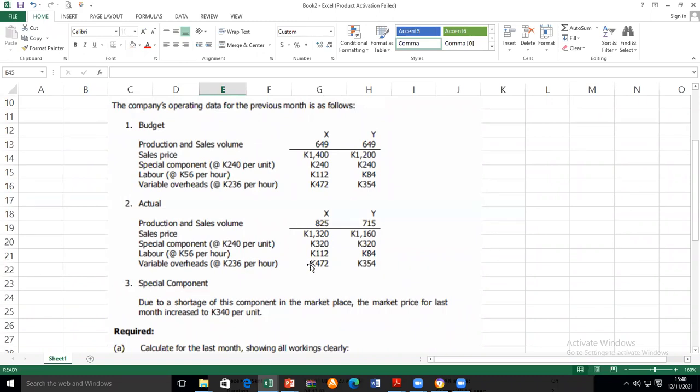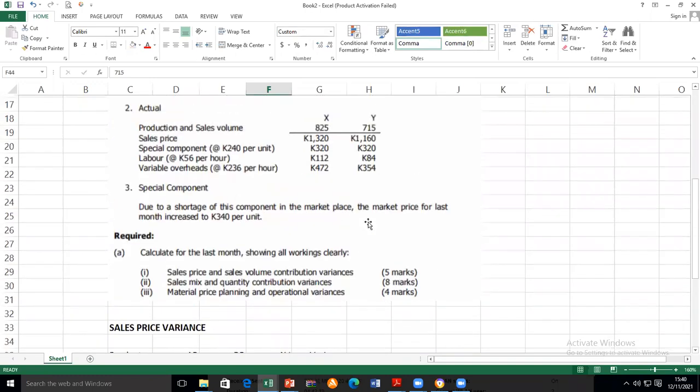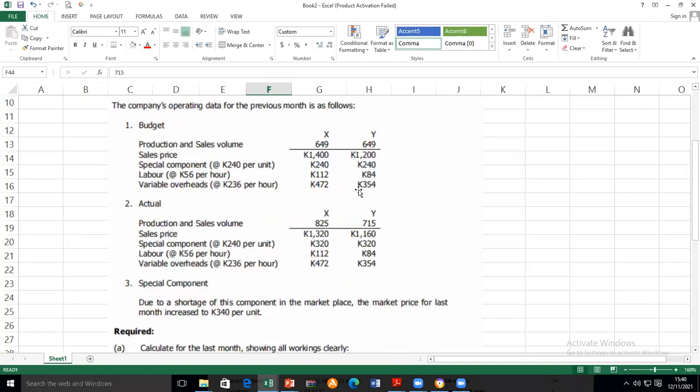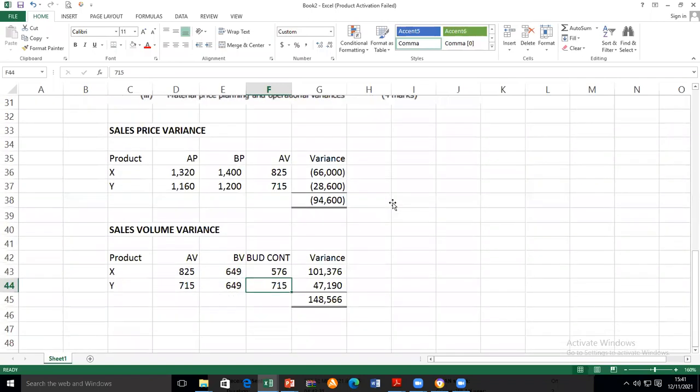And here, 1,200 minus 240 minus 54 minus 54. How much is that? 522.